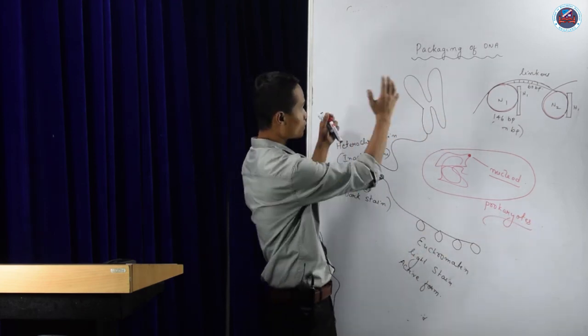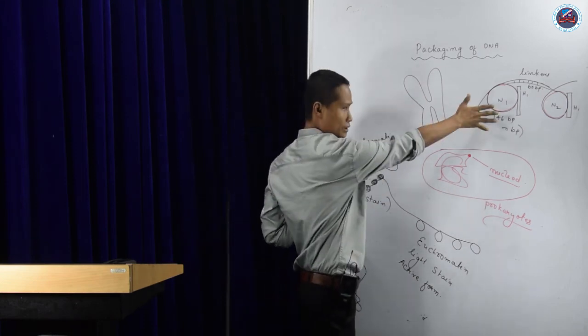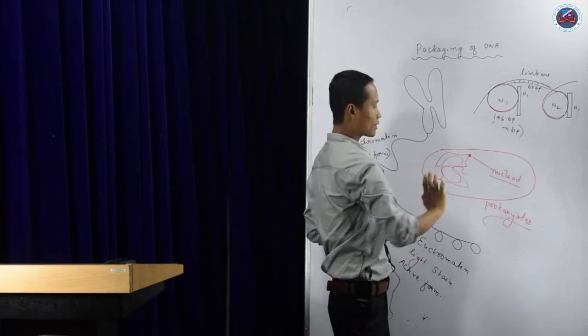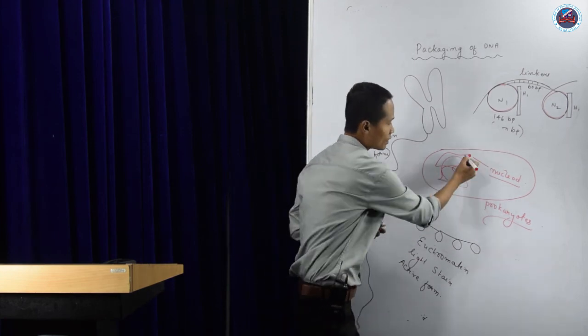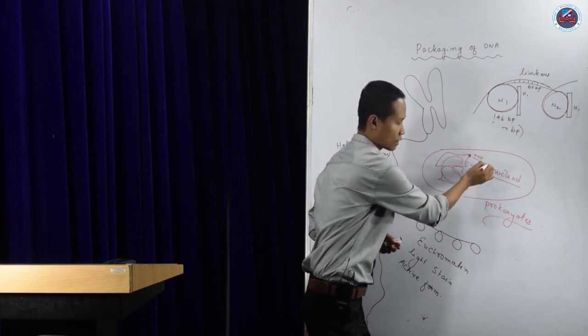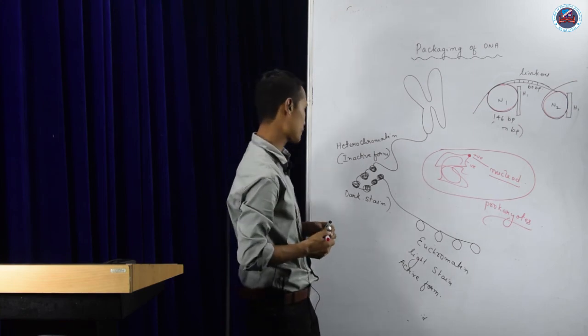So this is how the DNA is packaged in eukaryotes, and for prokaryotes we say simply nucleoid. Same thing: DNA is also negatively charged here, and the protein is also positively charged. We don't find a complex structure in the case of prokaryotes.